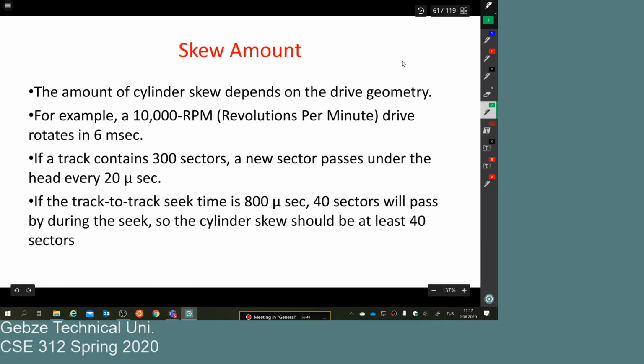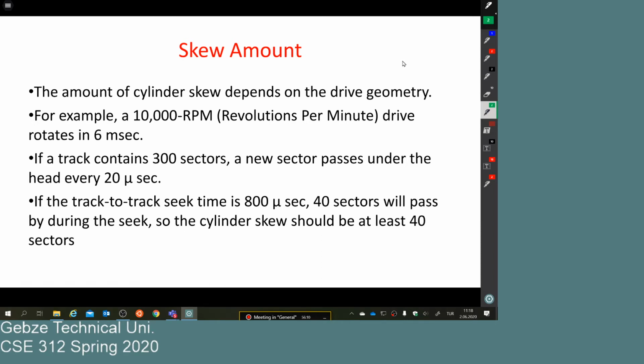Okay, so the book has a good example on it. The amount of cylinder skew depends on the drive geometry, of course. For example, at 10,000 RPM, the drive rotates in 6 milliseconds. One complete rotation is 6 milliseconds. Okay, that's fast.